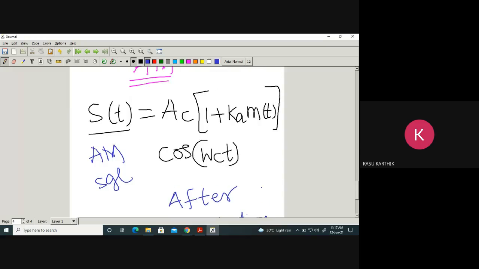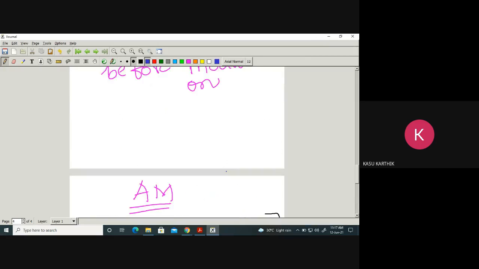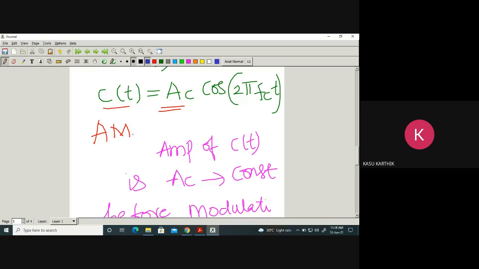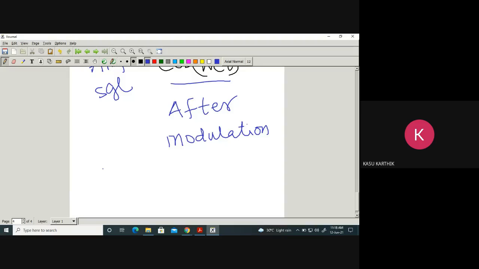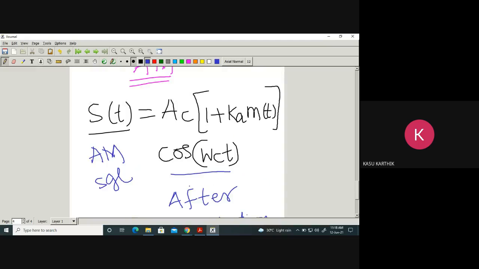So if you observe carefully, it is also a cos function only, cos waveform only. So before modulation, it was simply C of t, carrier, whose amplitude is AC, a constant. But after modulation, what is the amplitude of this signal? What is that? AC into 1 plus Ka into m of t. Isn't it? So this is the amplitude of the carrier after modulation.